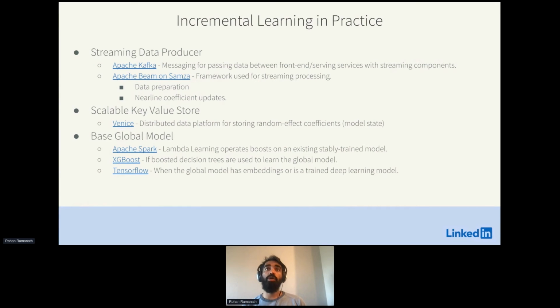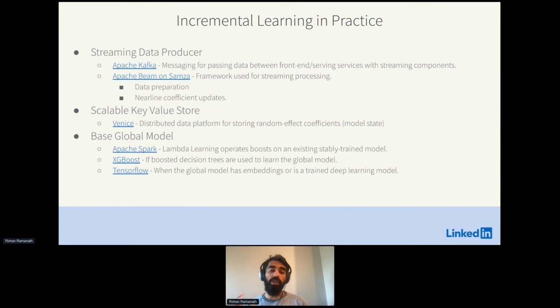The streaming data processor is responsible for gathering tracking data from our front-end and back-end sources and passing this data from one component to the next. We also rely on a scalable key value store. This is responsible for maintaining a shared state of our random effect models, and it's also critical for asynchronous updating and offline recalibration of our models.